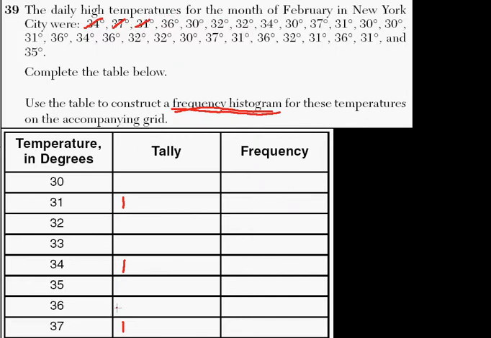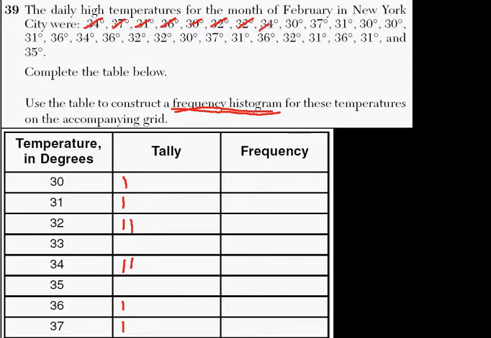So 36, put a little tally for 36, then cross it off. 30, put a tally for 30, cross it off. 32, put a little tally for 32, cross it off. Another one for 32, cross it off. 34, 34.